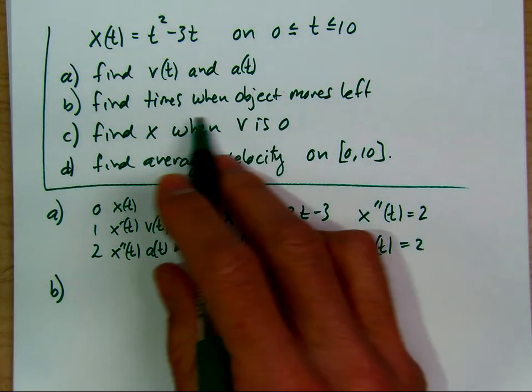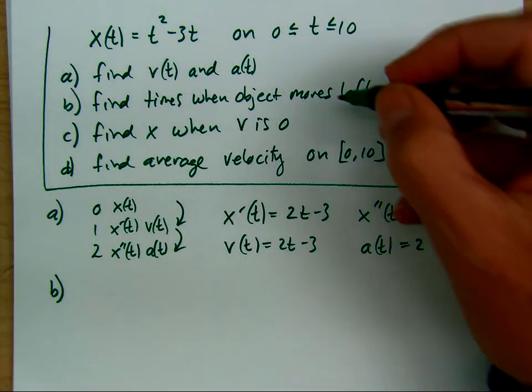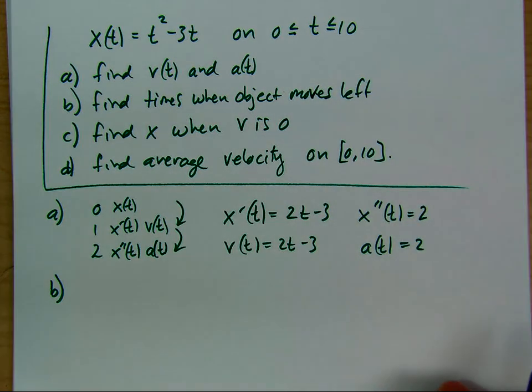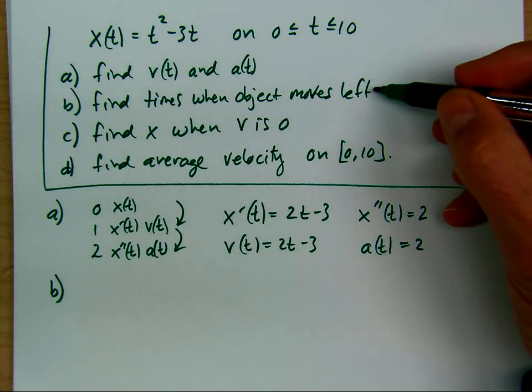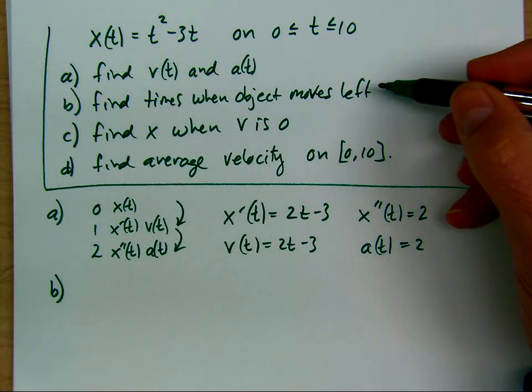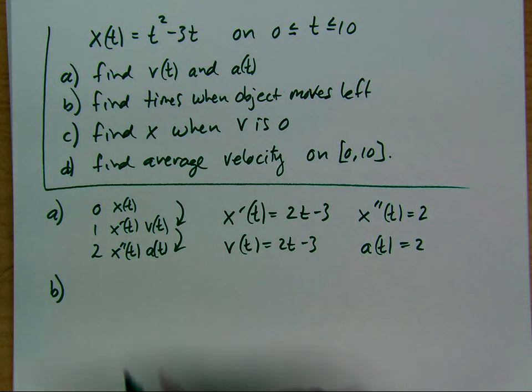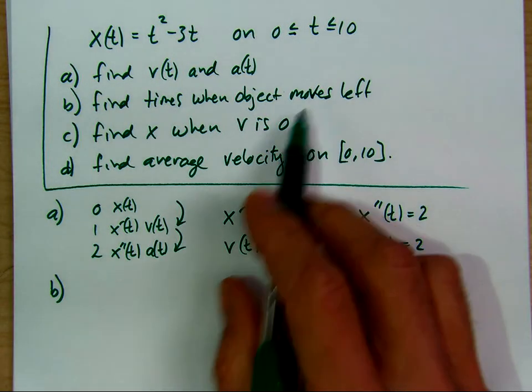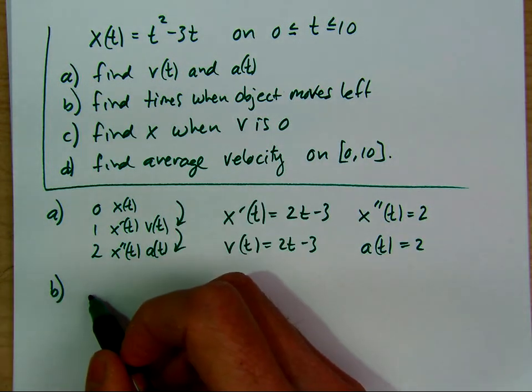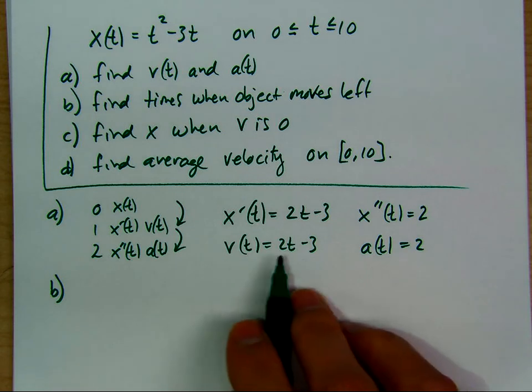Find the times when the object moves left. So moving left, we look at velocity, and we need the sign of velocity. If the object is moving horizontally, then left will be a negative velocity. All right, so direction is determined by velocity. We already know velocity. We want to know when this is negative.